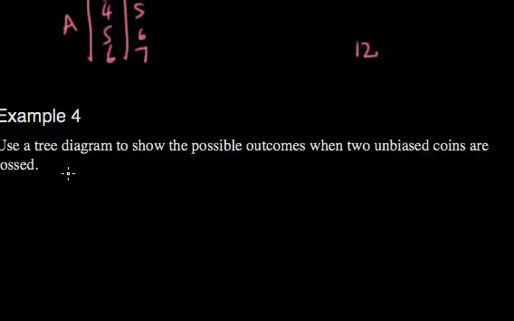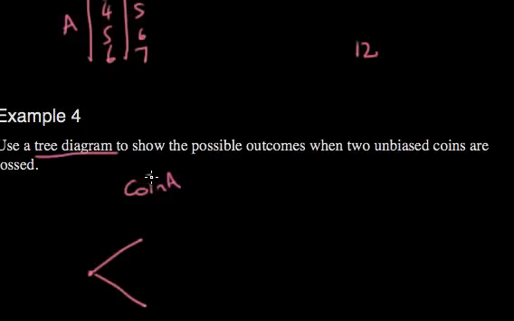Example 4, we've got to use a tree diagram to show the possible outcomes when 2 unbiased coins are tossed. A tree diagram is where you start off with a decision, and this decision is going to be for coin A. So we flip coin A, we could get a head or we could get a tail.